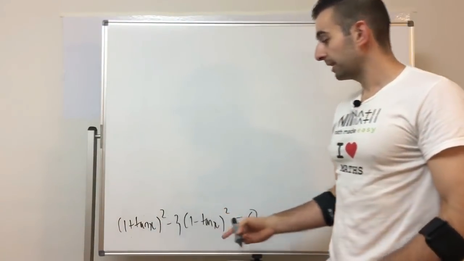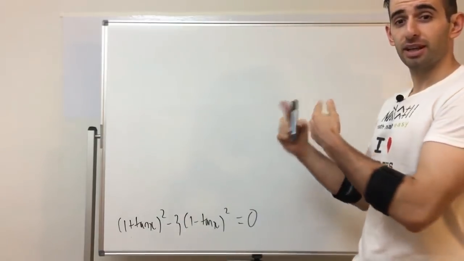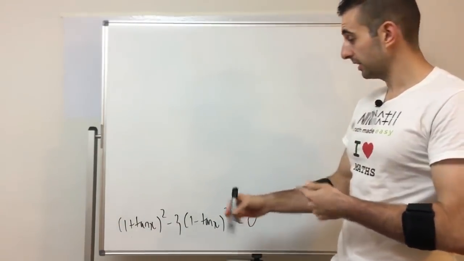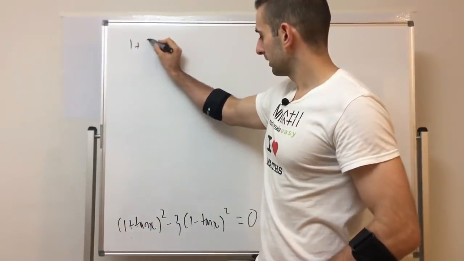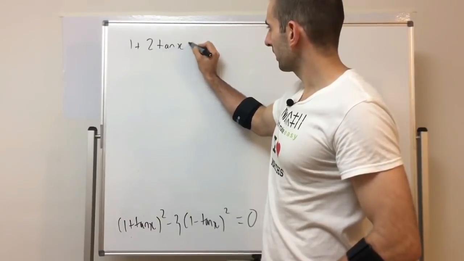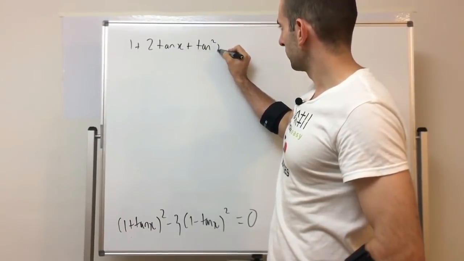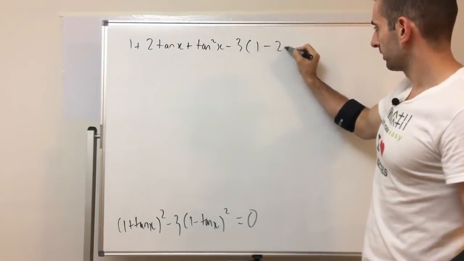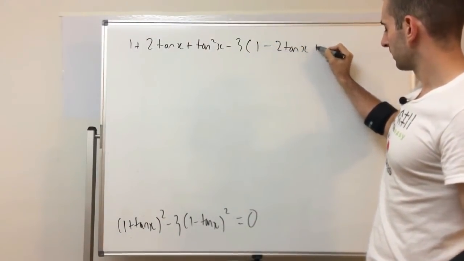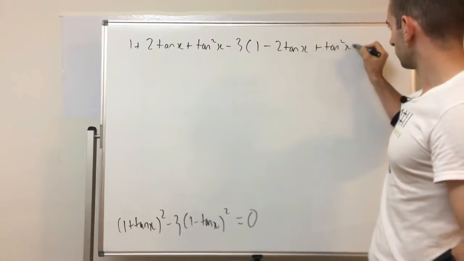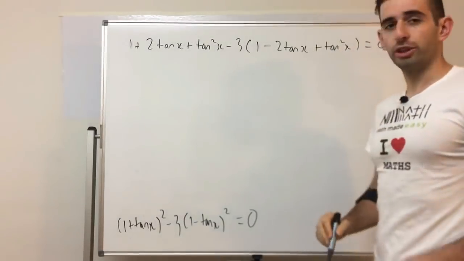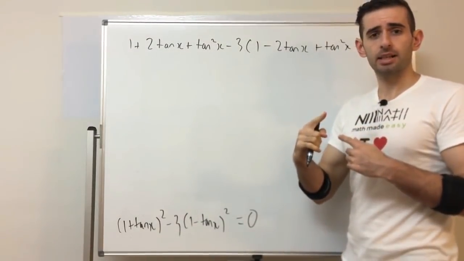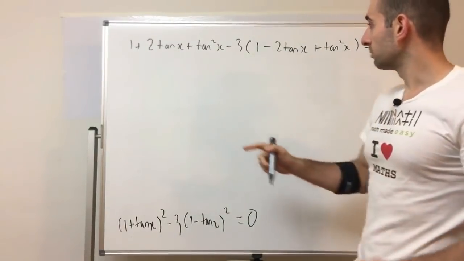So now to expand this, we can use perfect squares. If you're at this level, you know what a perfect square is. Square the first term, double their product, square the last term. Minus 3 in brackets, do the same. All I've got to do now is expand and collect like terms, which I can do in one go.